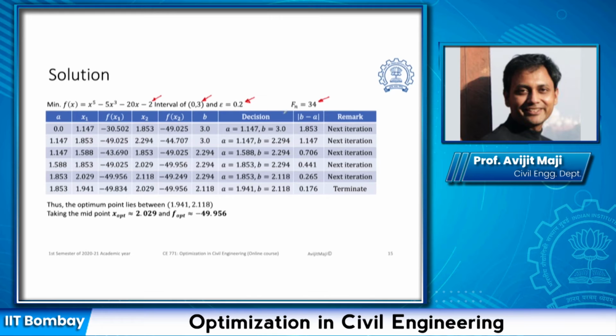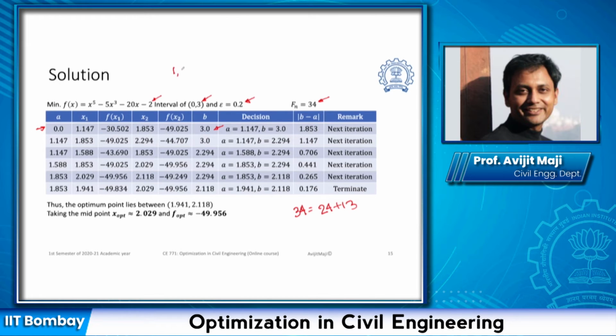So we know the initial boundary, which is 0 and 3. Then we calculate the two Fibonacci numbers, which in this case is going to be 34 is equal to 21 plus 13. Let us first look into the Fibonacci series up to 34.